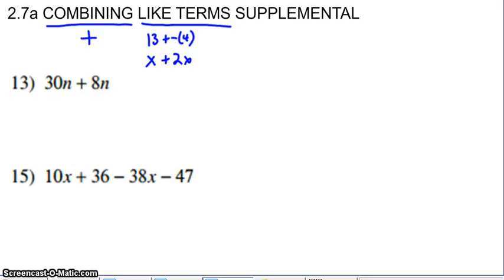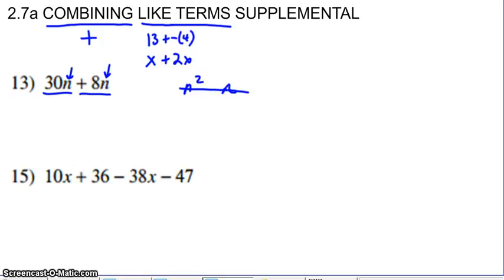These are like terms because they both have the variable n, and n is not squared. It's not n squared or anything like that, because that's different from n, and we can't combine those. But since they both have n, we can combine them.